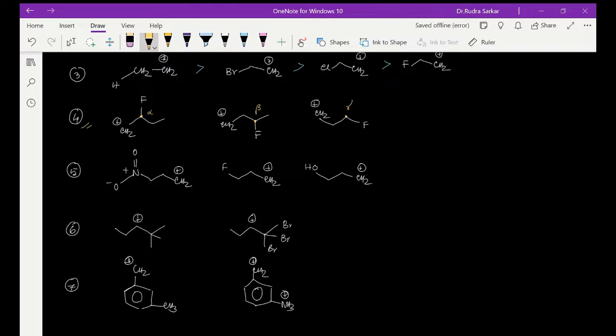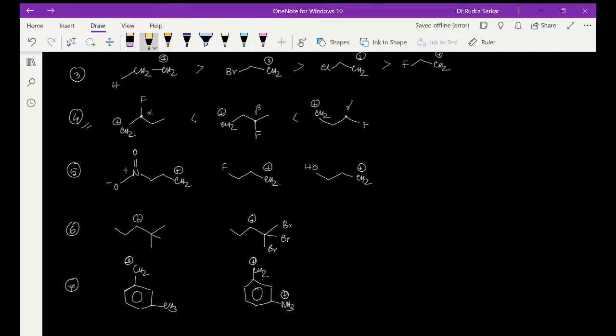Now fluorine is a minus I group. That means it pulls electron density from the carbon. That way, if it is near, then it will be destabilizing more. If it moves far away, it becomes more stable. So that way, this is more stable than the second, and that is more stable than the one.